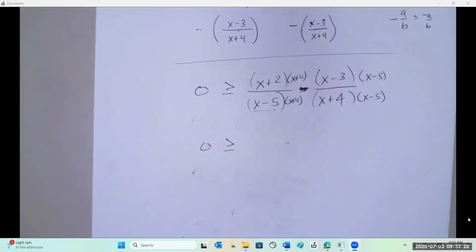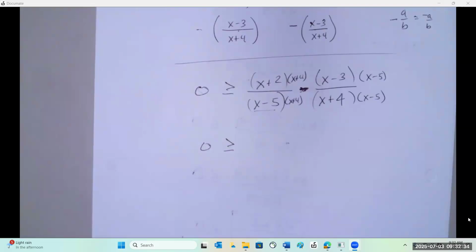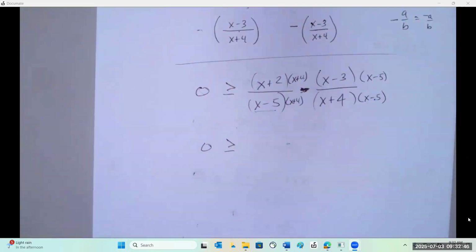Why do I multiply, let's say, x minus 5 over x minus 5 to that side? Why not just put x minus 5 on the bottom?